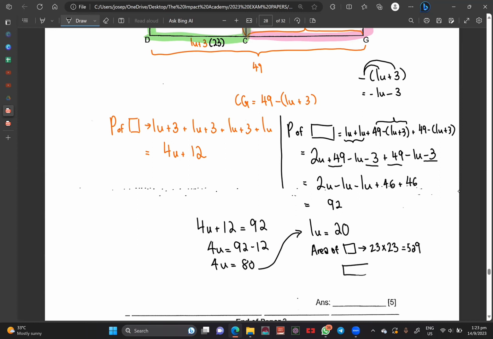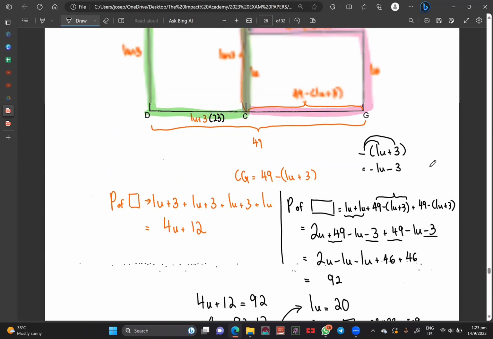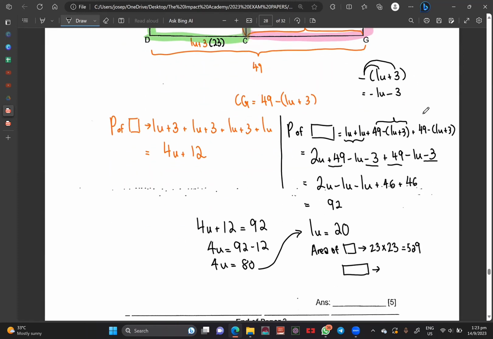Area of rectangle will then be 20 times 26. When I do 20 times 26, we get an answer of 520. Of course, we don't stop here because we want to find the total area, meaning the area of the figure. So 529 plus 520 gives me 1049. Therefore, your answer for this question has to be 1049.